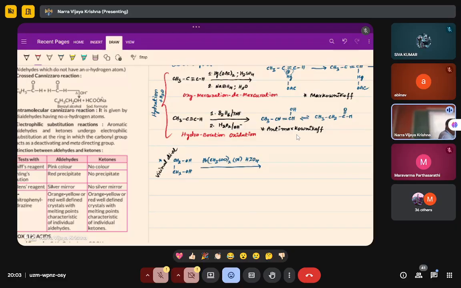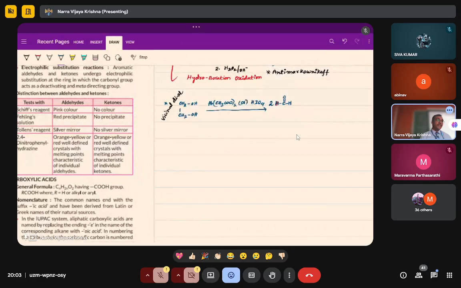If this carbon has oxygen and the carbon below also has oxygen, then the C-C bond will break. This will be oxidized, and the one below also will be oxidized. So what do you get here? The above carbon converts to an aldehyde, the below carbon also converts to an aldehyde. So what I got is 2 moles of aldehyde. Right? We call this HIO4 periodate.